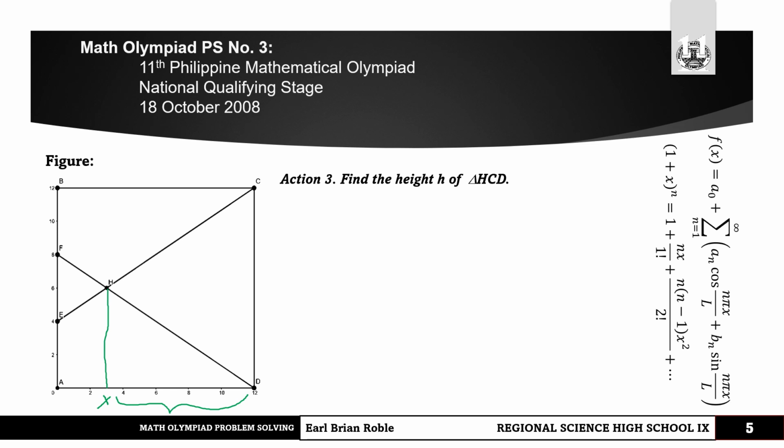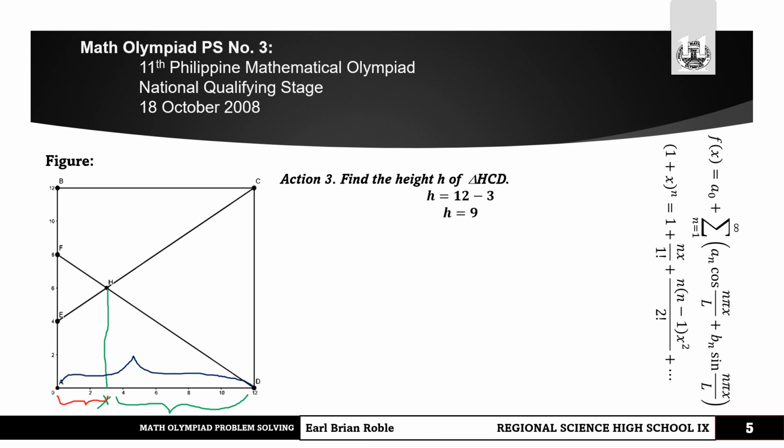So we can have it as 12, which is the measure of this entire side of the square. Since we already know this part, signified by x, we just have to subtract. So that gives us the height of our triangle equal to 12 minus 3, which is 9.